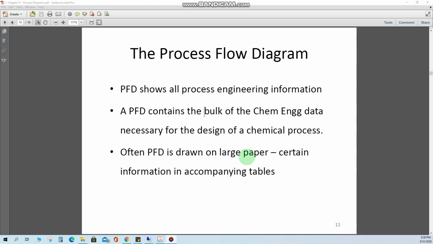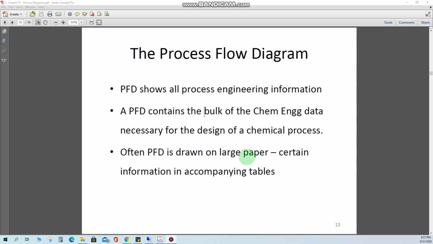And for these tables, there could be thermodynamic information if it is required in the process. If you have some kind of reactor in the process, then you should specify the conversion of the reactants. If there is some recycle stream, you should specify what percentage of the stream is being recycled, and this kind of information.